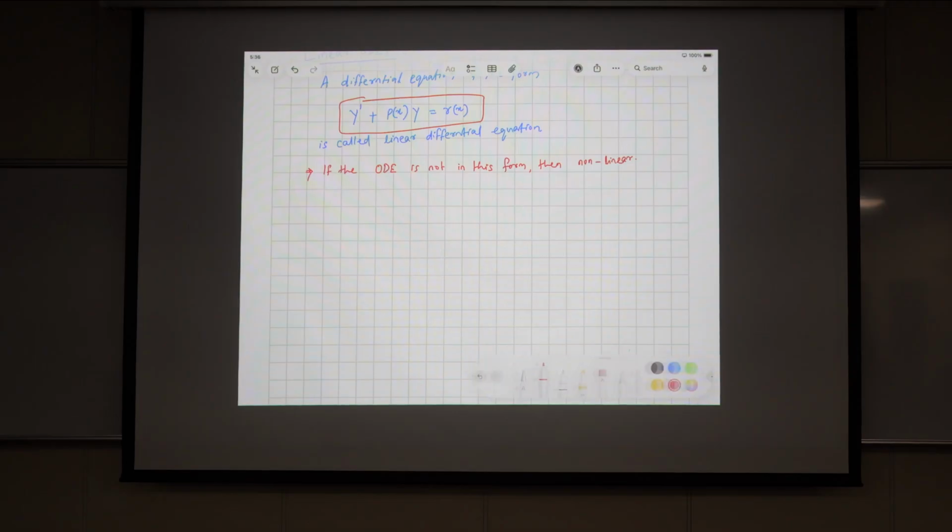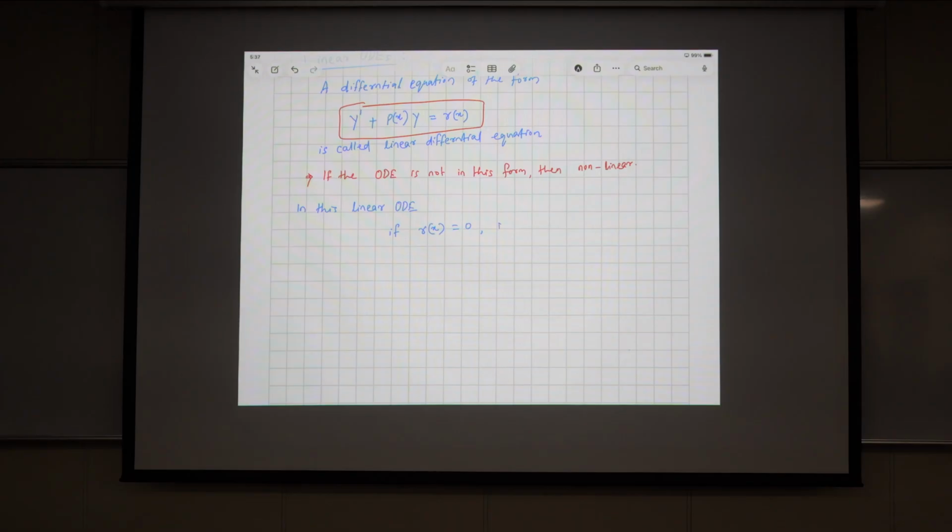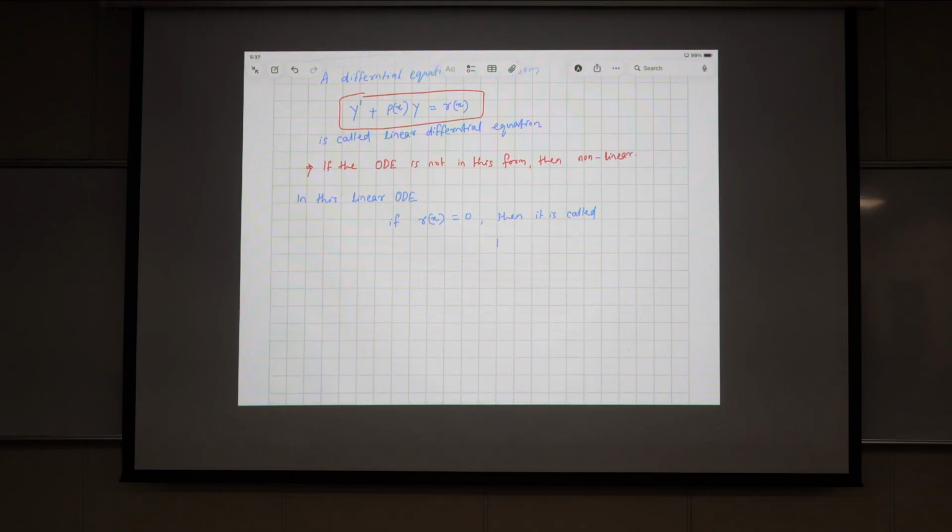So in this linear ODE, if r(x) is equal to 0, okay, if r(x) is equal to 0, then it is called homogeneous linear ODE.